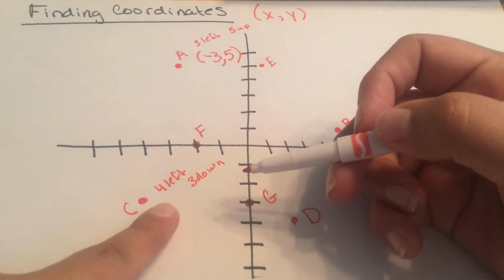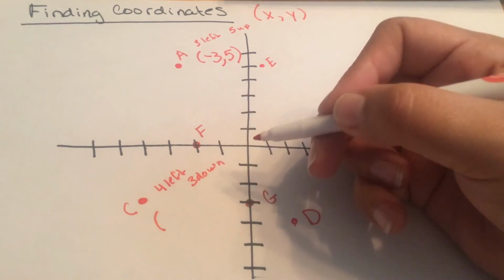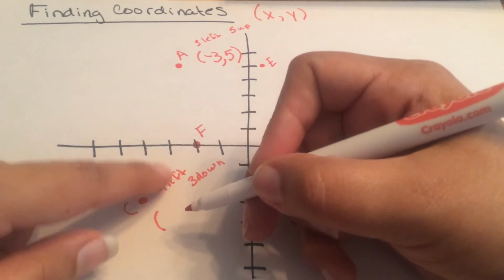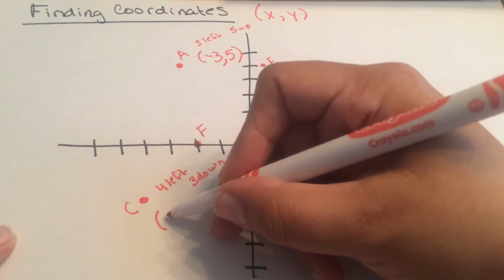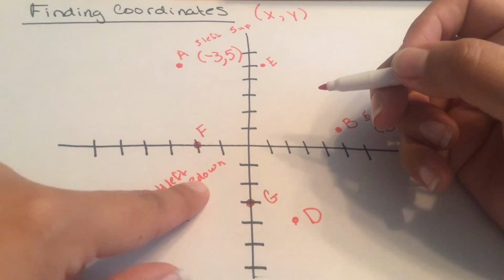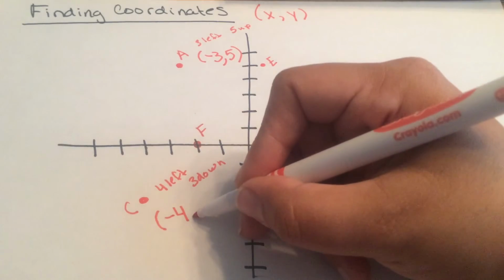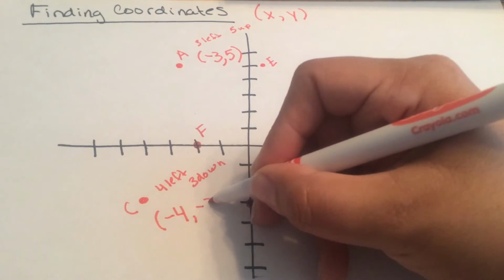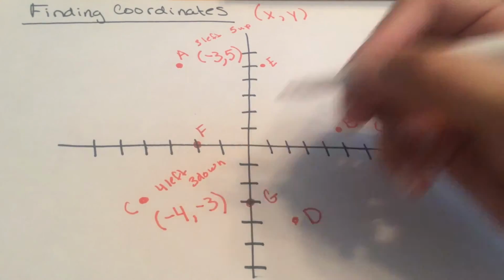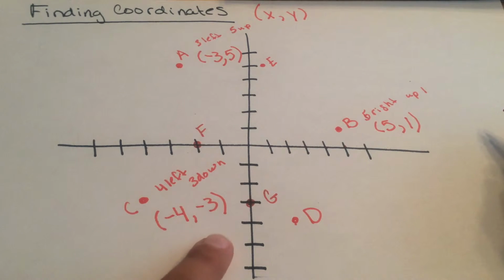Since we move 4 left and 3 down, we remember in our x-axis, left was negative. Any points on the left is going to be a negative. Since we moved 3 down along our y-axis, again, remember, any points going down on our y-axis would be negative. Therefore, our coordinate for point C is -4, -3.